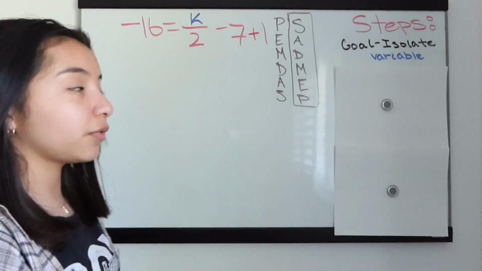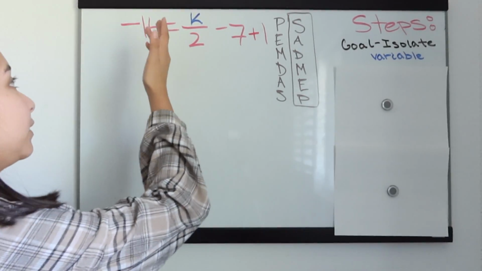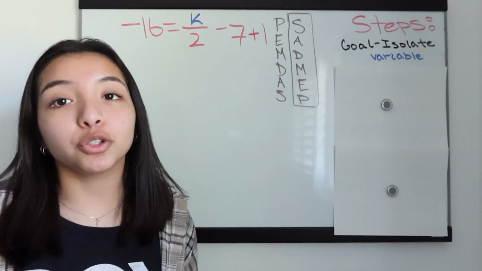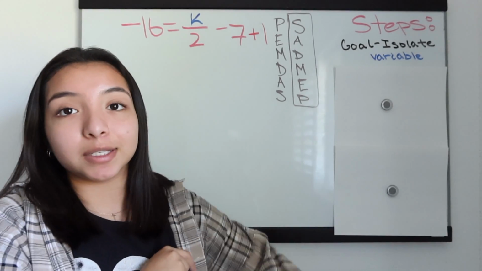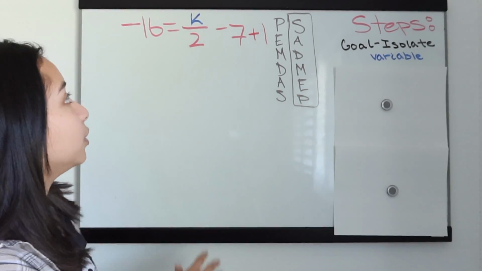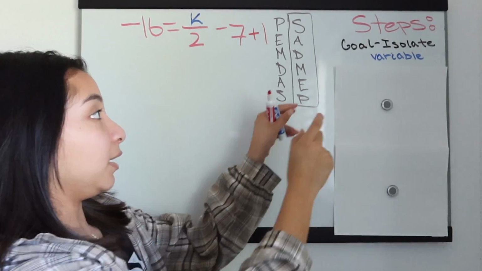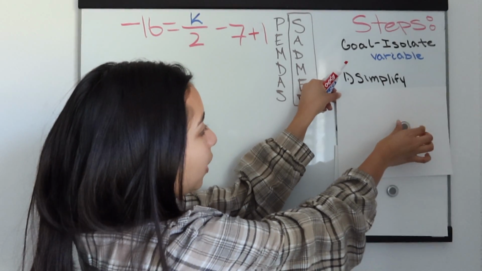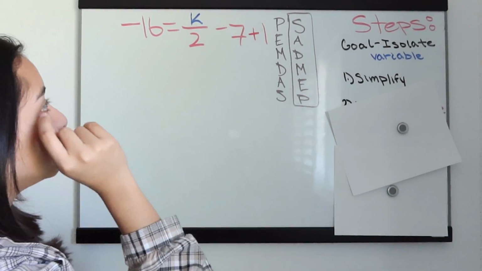Next problem. Alright, so this is our final problem right here. Negative 16 is equal to k over 2 minus 7 plus 1. Our goal, as always, is to isolate the variable, and the way we will do that is by going through our steps. Step number 1 is to simplify.